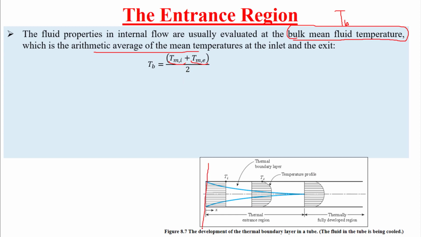Adding them by arithmetic averaging gives us T bulk, and we then find the other properties like density, conductivity, viscosity, Prandtl number, etc.